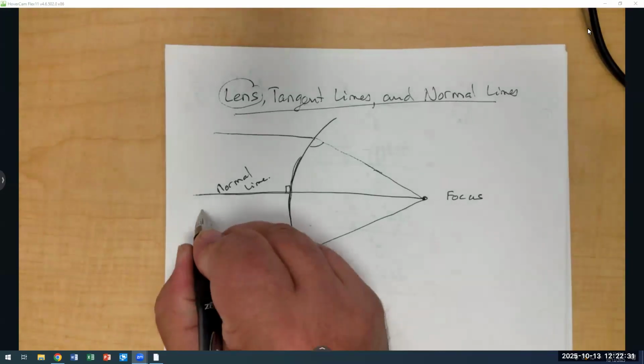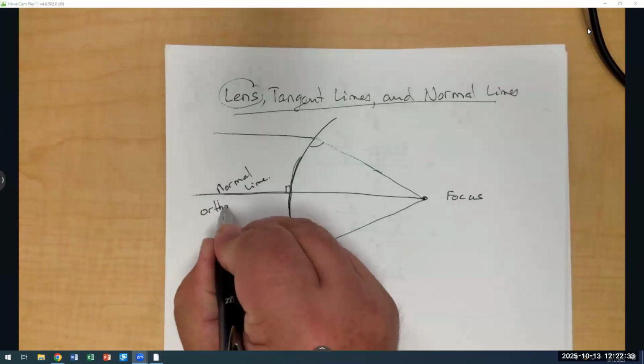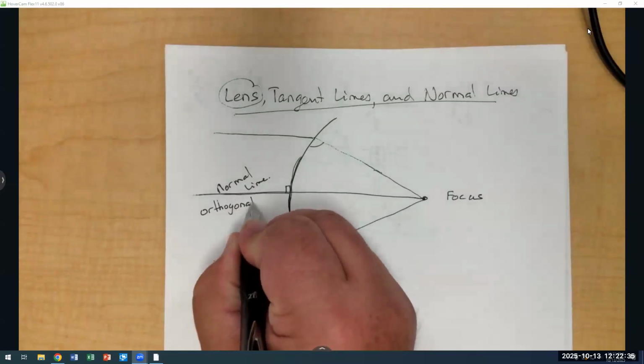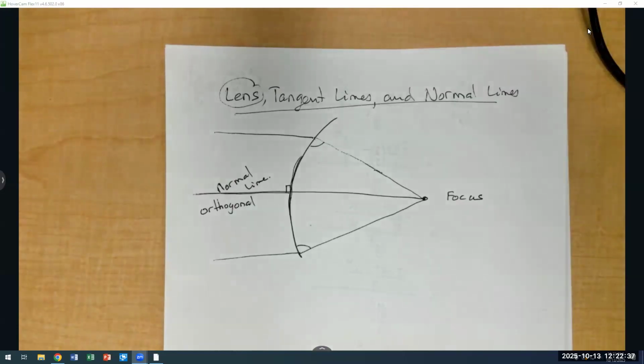Another name for it is orthogonal. Or in linear algebra, we call those orthonormal curves.